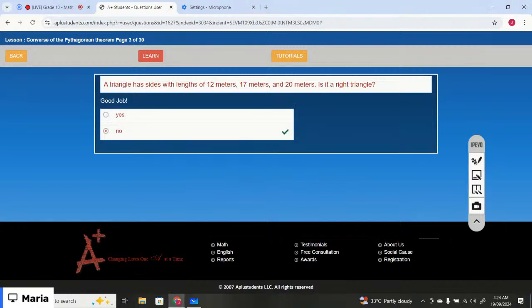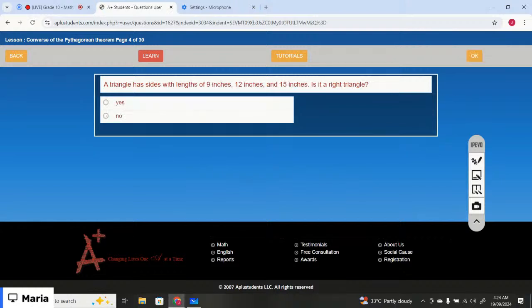Okay, the next one is a triangle has sides with length of 9 inches, 12 inches and 15 inches. Is it a right angle triangle? Which is the correct option?